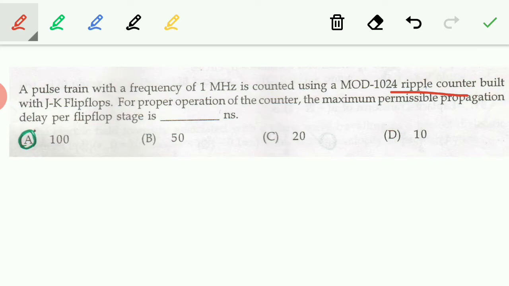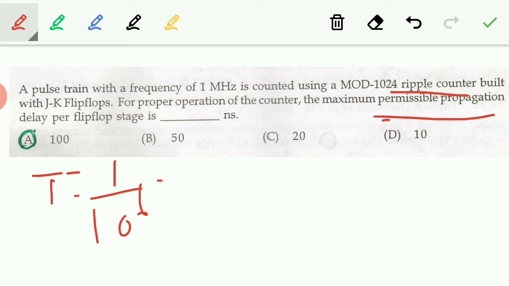What they ask is the permissible propagation delay. So frequency is 1 megahertz. What is the time period? 1 by frequency, that is 1 by 10 power 6, which is equal to 1 microsecond.